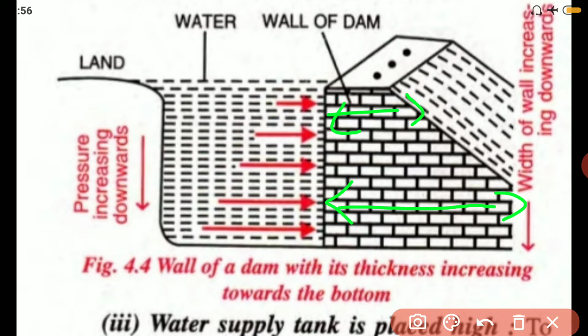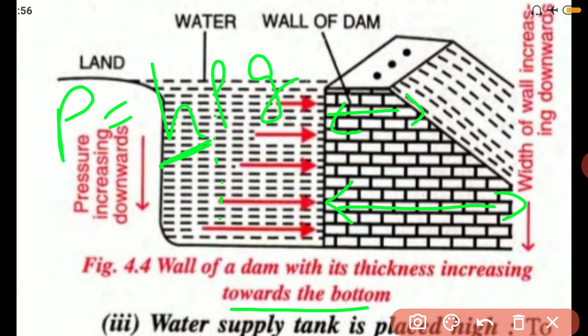The reason is obviously that as we go deeper down the water level, the pressure becomes more, because again we know P equals h rho g. As the depth increases, the pressure also increases. So to withstand that high pressure, the thickness of the dam should be more at the bottom. I hope you have understood this.